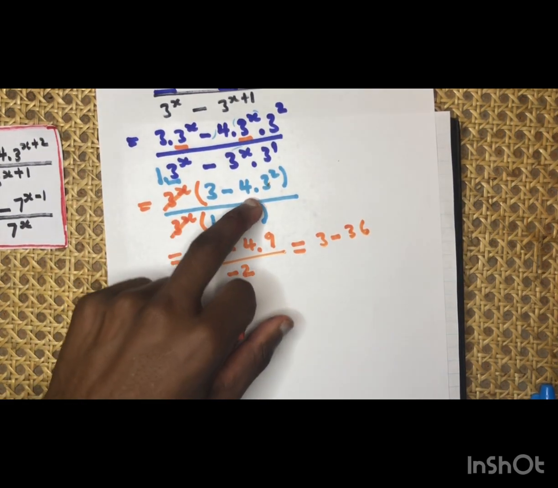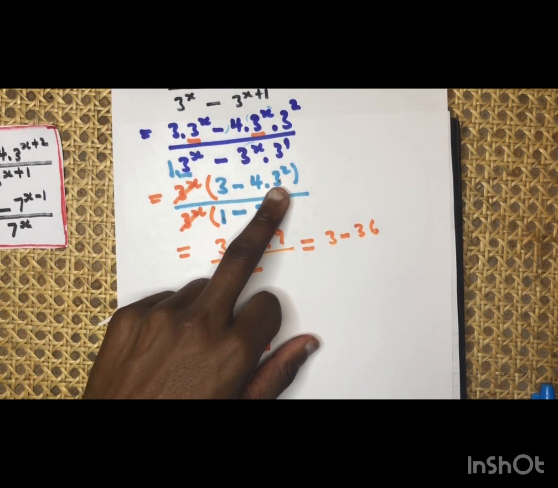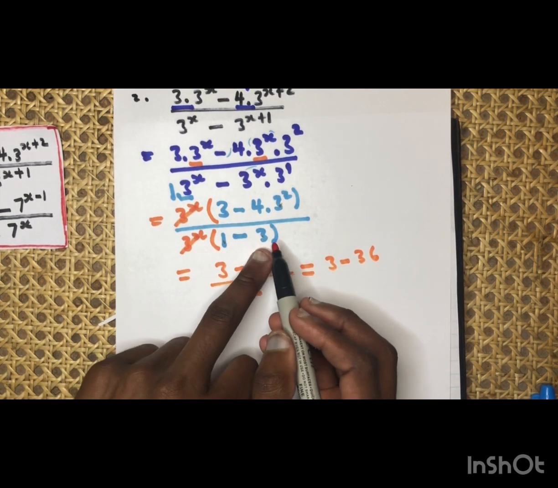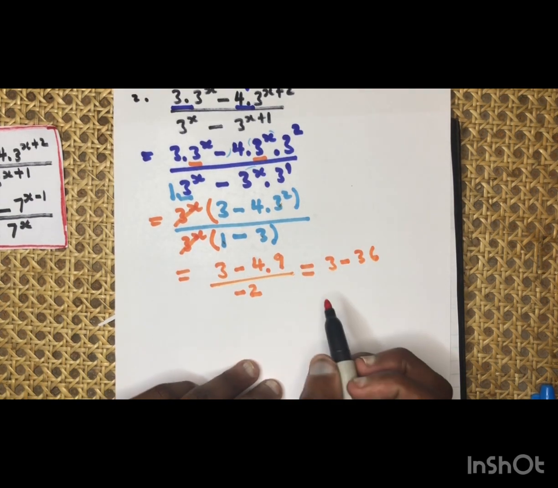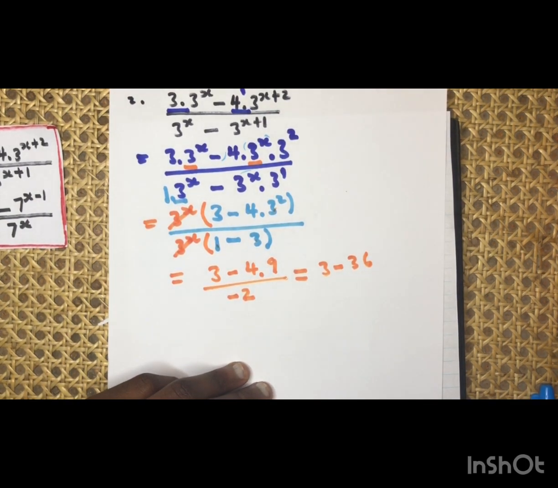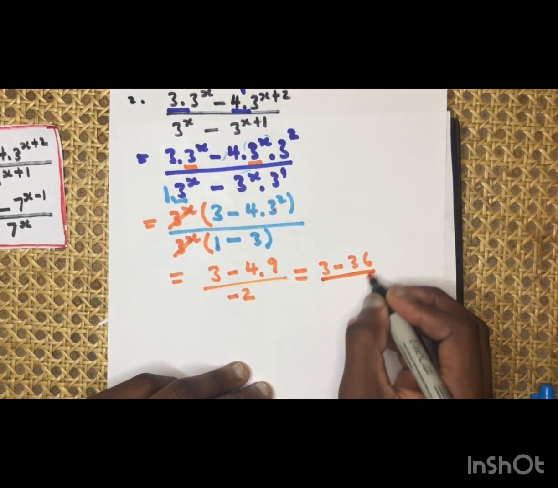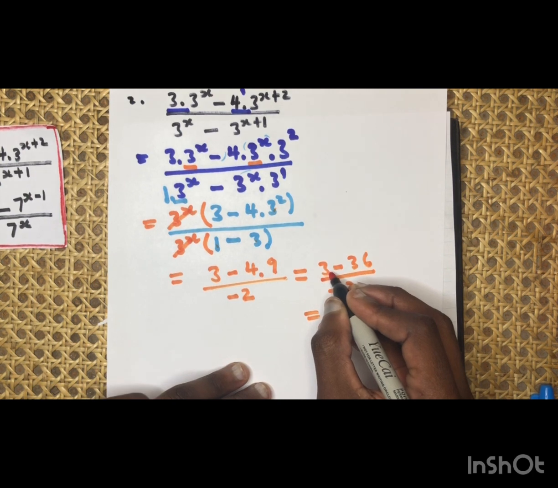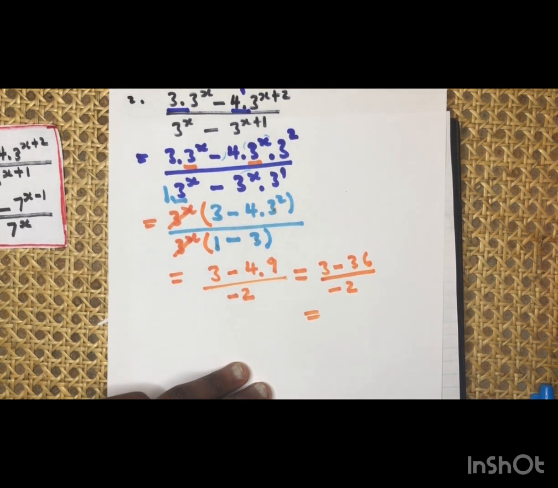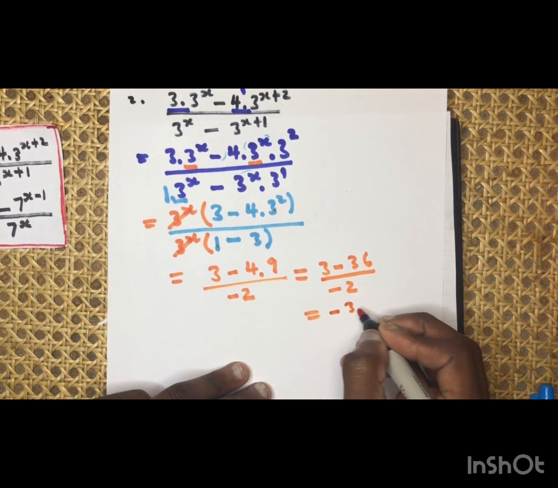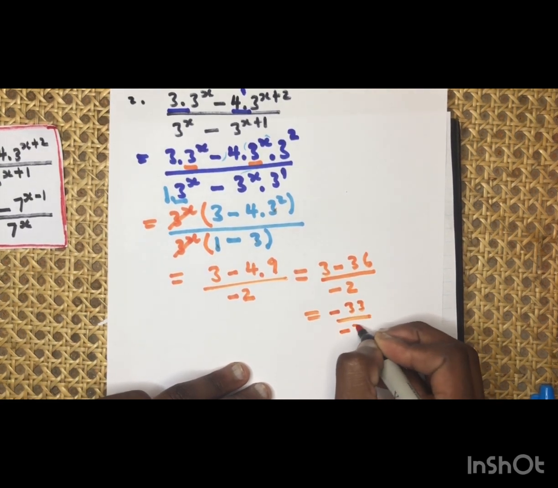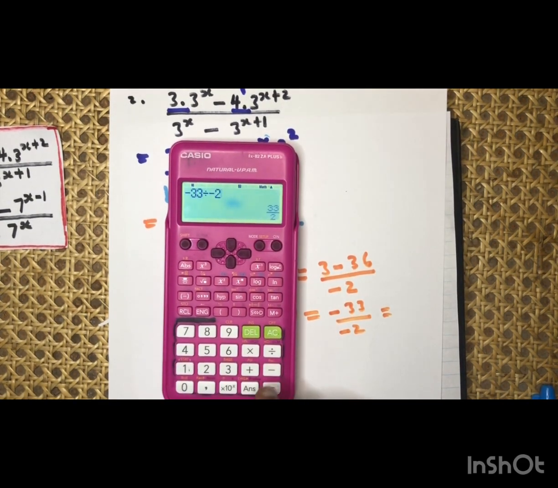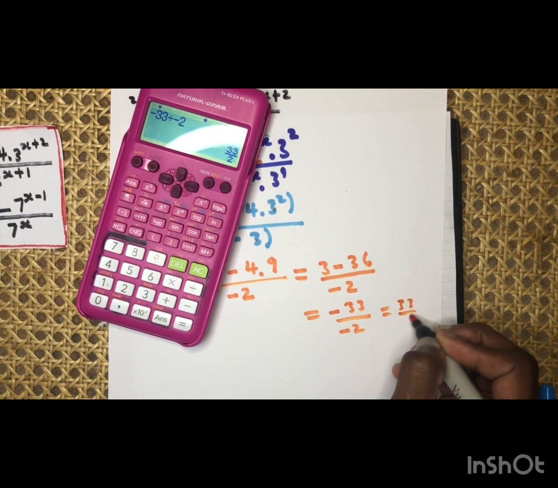Then here we have 1 minus 3, which is negative 2. So 3 minus 36, we get negative 33 divided by negative 2. So negative 33 divided by negative 2 is 33 over 2.